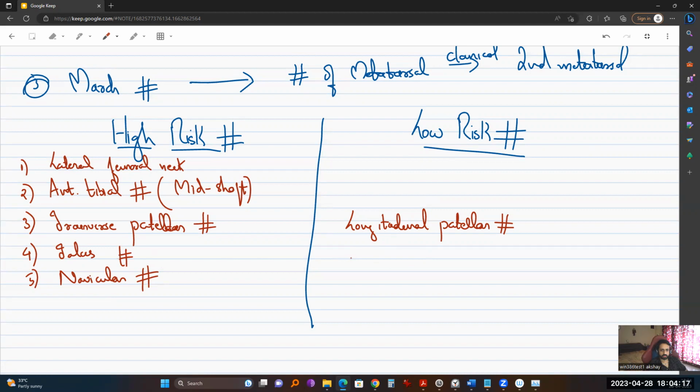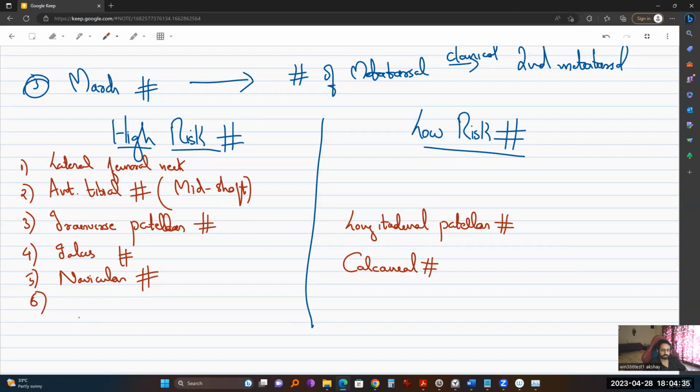Whereas in low risk, the only tarsal bone is the calcaneal fracture. It's a low risk fracture. The next high risk fracture is among the metatarsal bones.